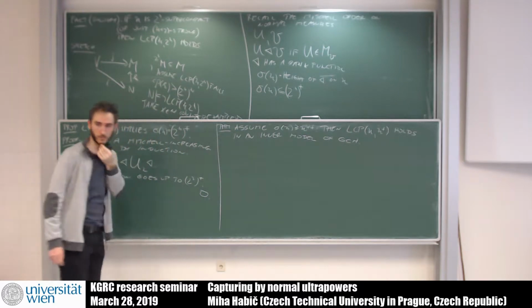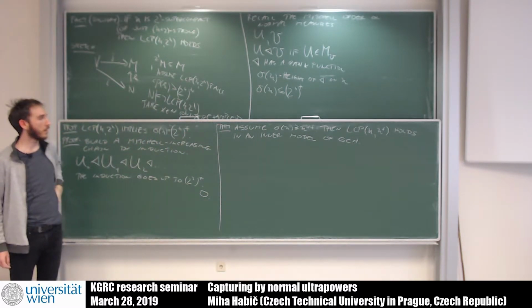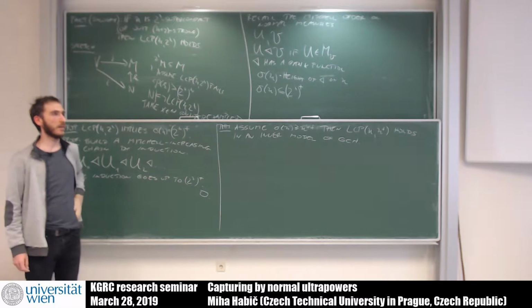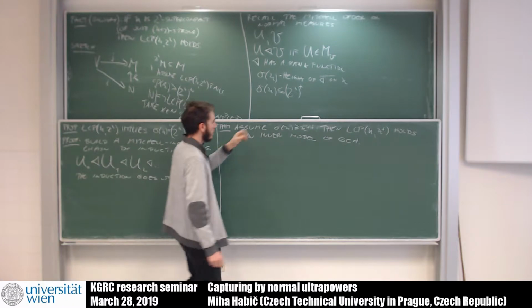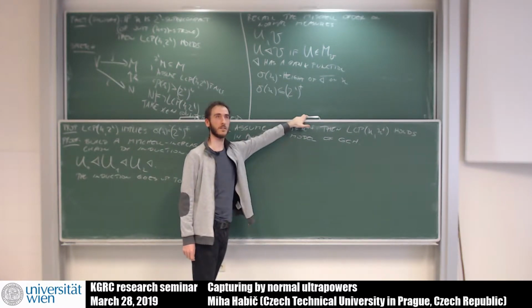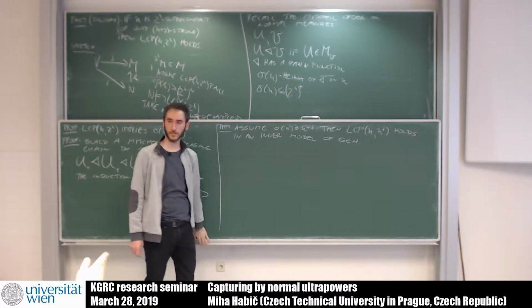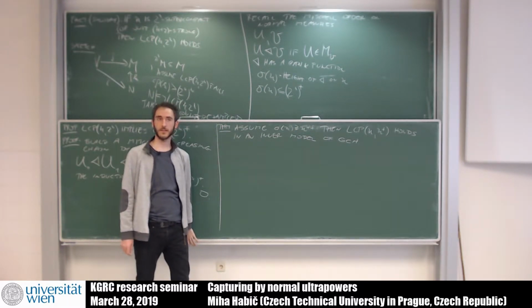Can you also do the same with kappa double plus and not GCH? Yes, kappa double plus in a model of almost GCH. You're going to need a higher order. Assume you have kappa triple plus. So I'm going to have to do some forcing to make GCH fail.